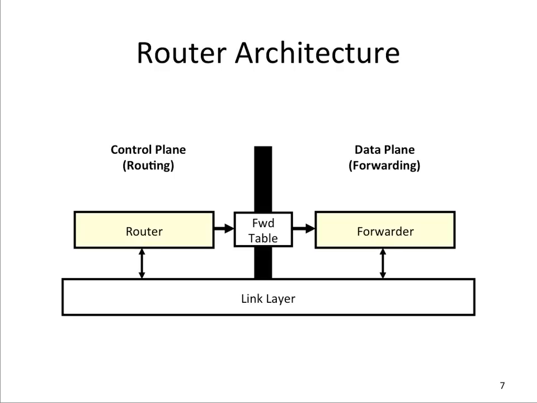This piece of software, actually a combination of software and hardware, called the forwarder, will look up that forwarding table for hints as to what's the link, what's the interface on which you should transmit a packet for a given destination. And it'll do queuing, scheduling, etc. for the packet.